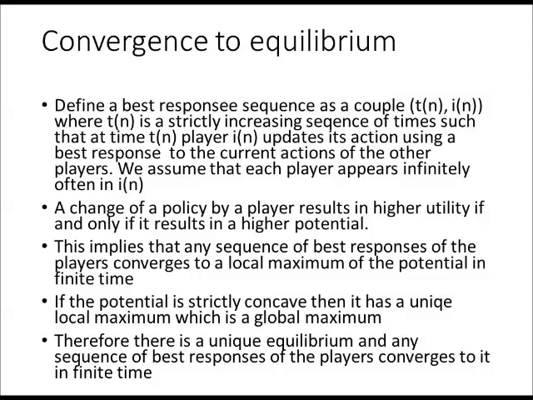When we deal with games, we are interested not only in the existence of the equilibrium, but also in its uniqueness, as well as in convergence to the equilibrium. Let me say what I mean by convergence to equilibrium. Assume that we have a sequence of couples T_n and I_n, where T_n is an increasing sequence of times, and I_n are a sequence of the identity of players.